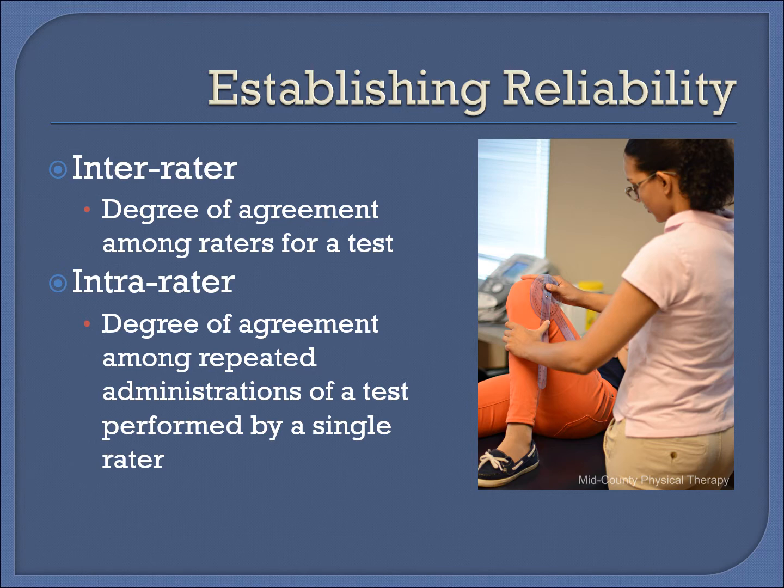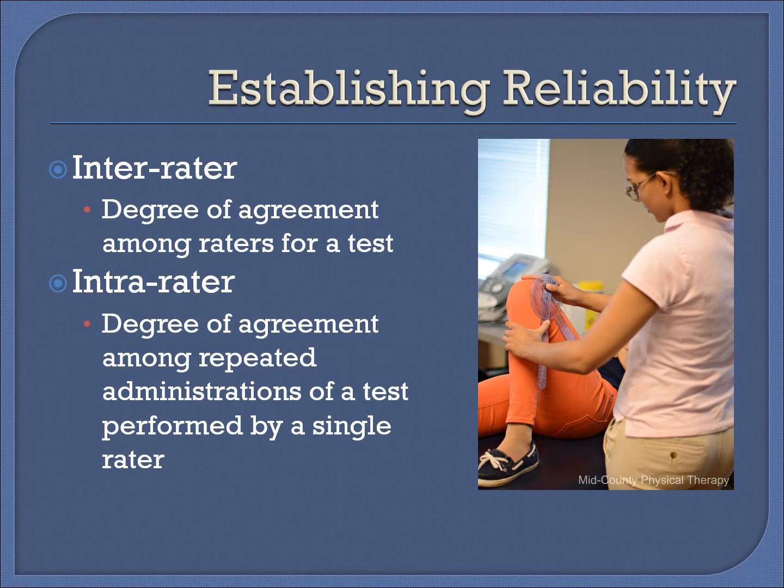Intra-rater reliability looks at the degree of agreement among repeated administrations of a test performed by a single rater. This could also be in terms of what we talked about in terms of test-retest reliability. Again, the physical therapist taking measurements of knee range of motion at the knee, how likely is it that their measures on day 1 will be consistent with their measures on day 14 if the patient's status has not changed?